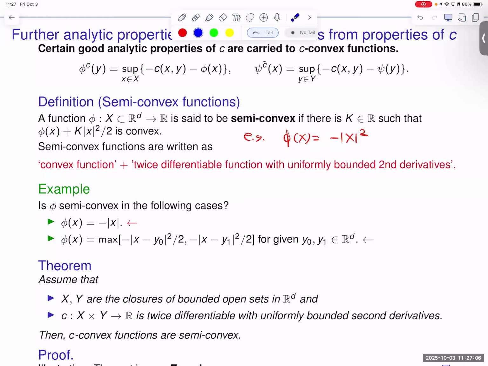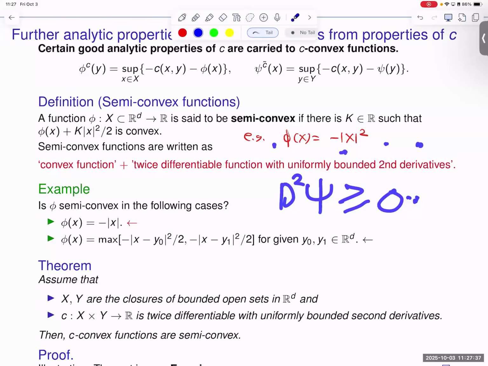So analytically, if you can differentiate the function, then the second derivative in this case is -2, right? Convex functions have non-negative second derivatives. Semi-convex functions may have negative second derivatives, but their second derivative should not go to infinity.